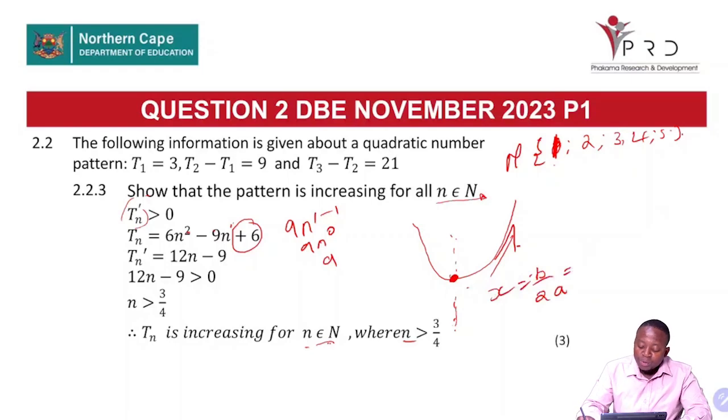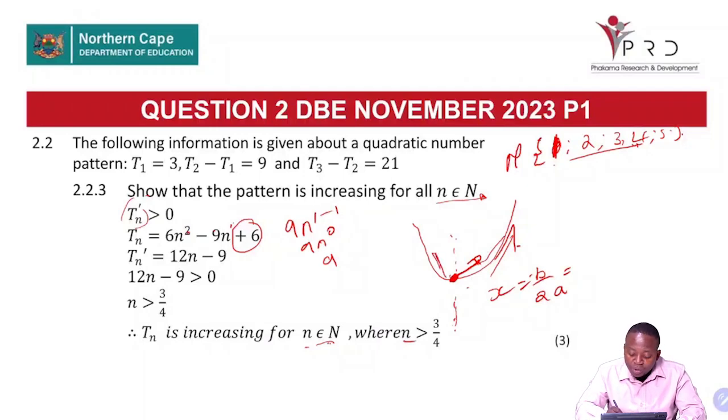You just find the value of the turning point, and from there you use those values. Those are the values where the pattern is increasing. Sometimes, if we're not talking about natural numbers, we would even include the other side. Now, we're looking for natural numbers, so it is on the positive side.